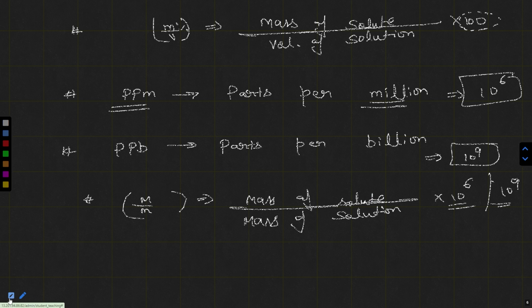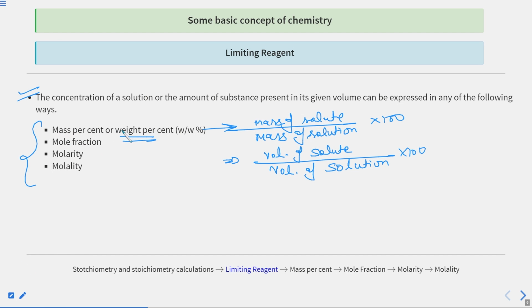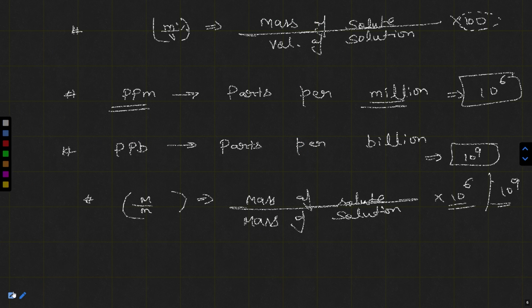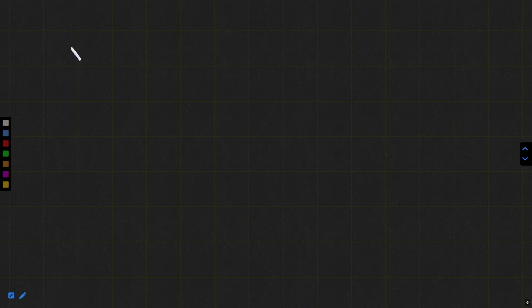Mass percentage we have done, volume by volume percentage we have done, weight percentage we have done. Next is mole fraction. What will be the mole fraction? How can we say what fraction of this particular component is present in this particular solution?